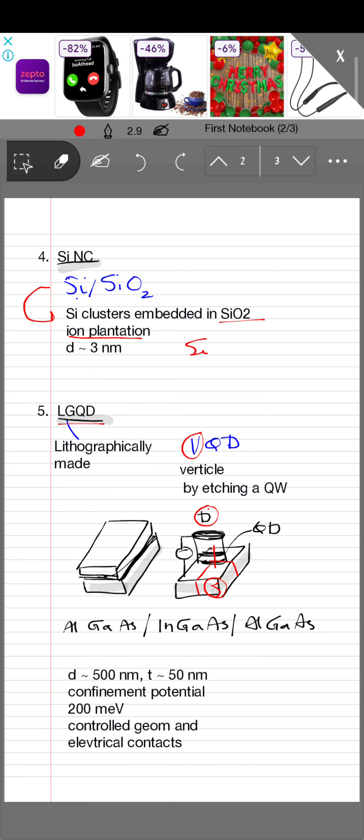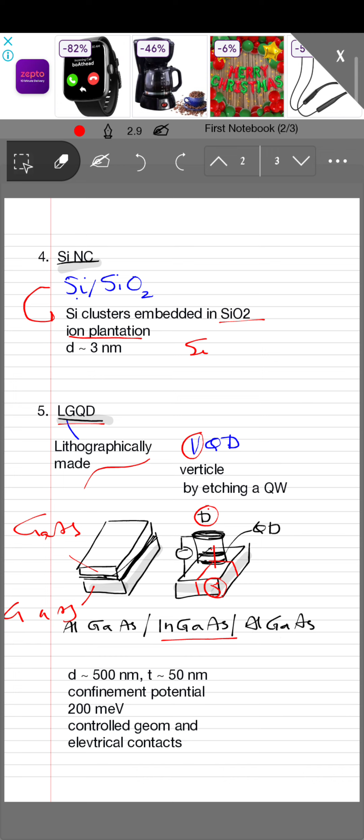The next is the lithographically made quantum dot. Here we have layers of different materials. For example, there is a layer of gallium arsenide, and another gallium arsenide layer, and in between them indium gallium arsenide is kept.